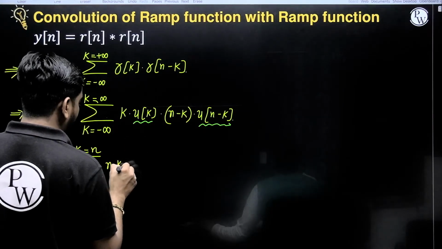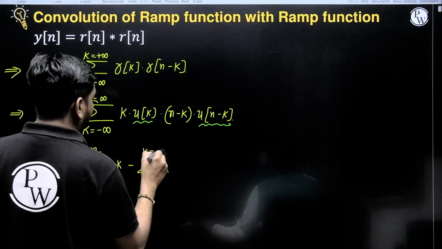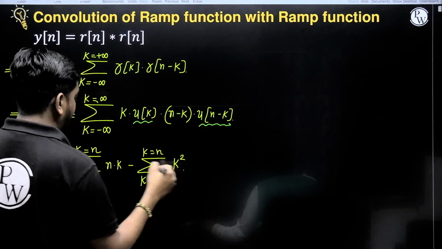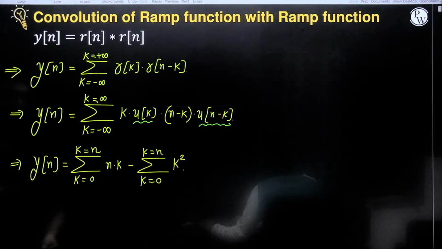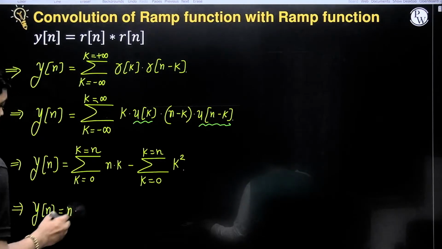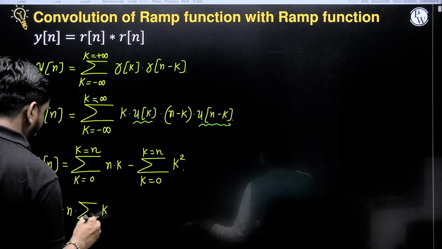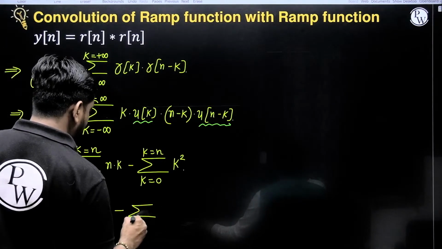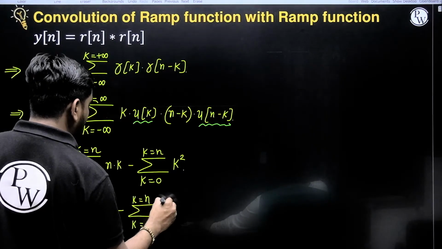y of n is equal to summation k from 0 to n of n into k, minus summation from 0 to n of k into k, that is k square. Now here summation is with respect to k, so this n is constant. You can take it outside the summation. It is n times summation of k from 0 to n, minus summation from 0 to n of k square.